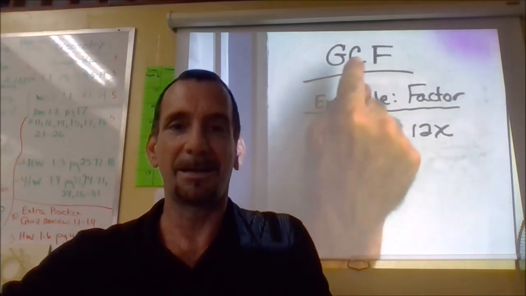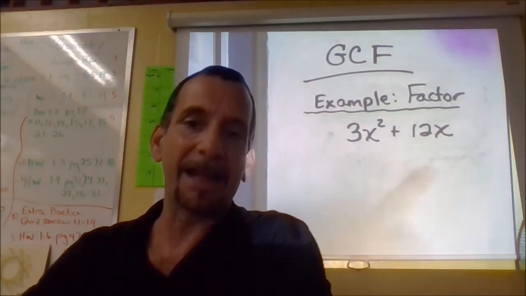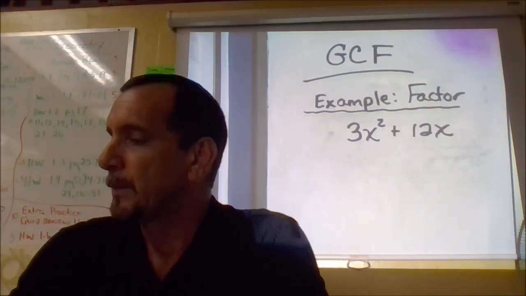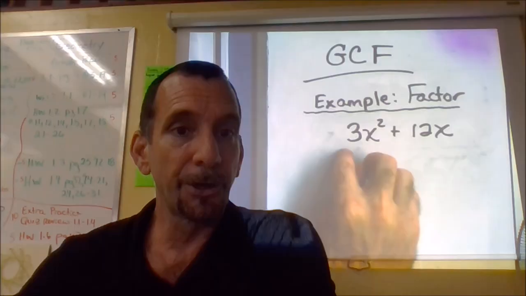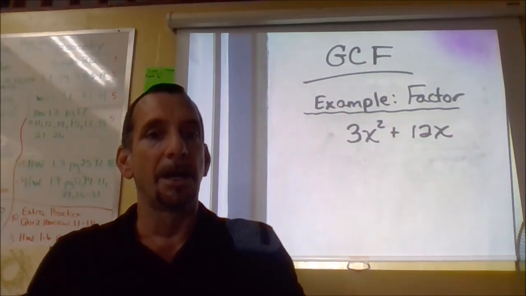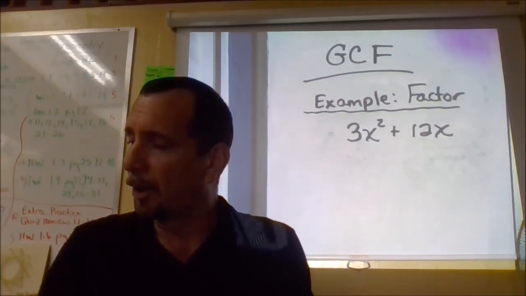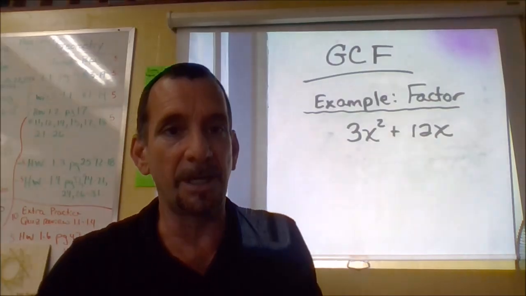GCF, greatest common factor. So here's an example. Let's factor this expression. Now, greatest common factor means we have two terms here, and they're added together. But we're going to pull out or find the greatest common factor between each expression.